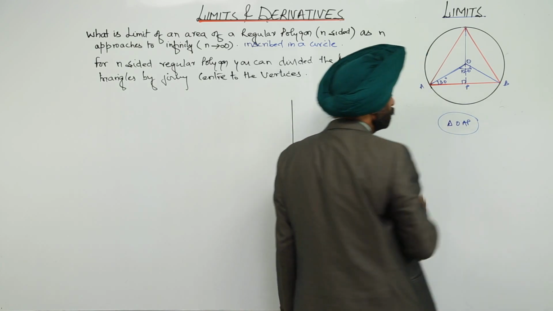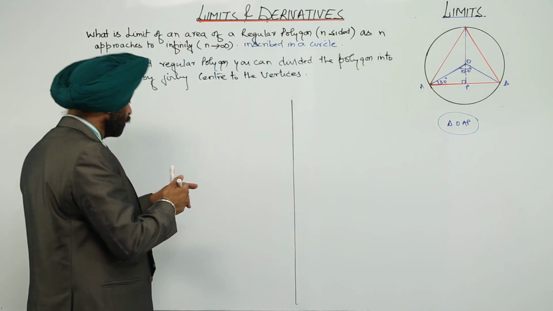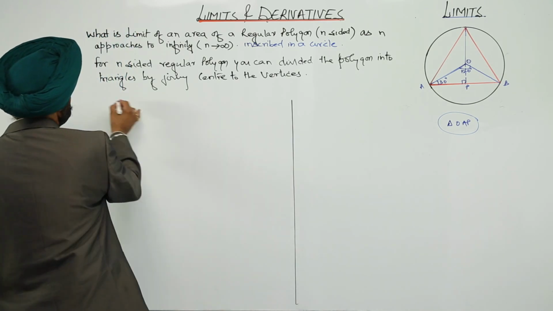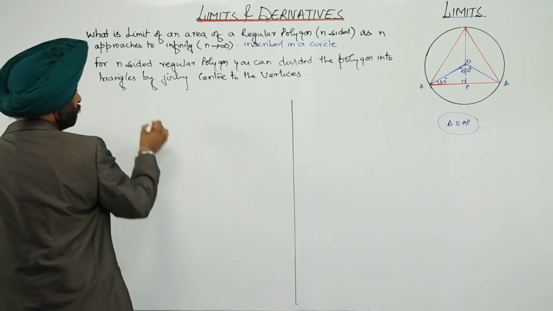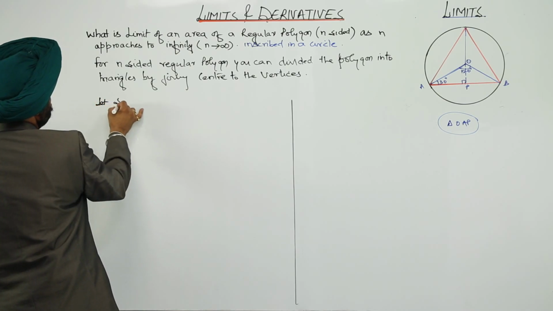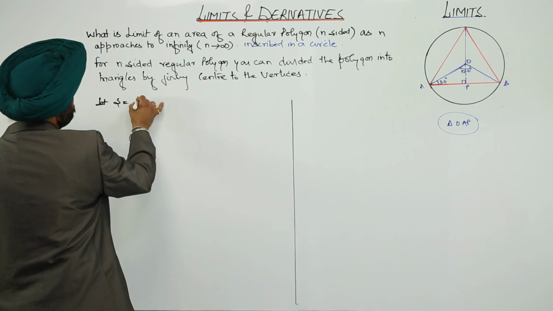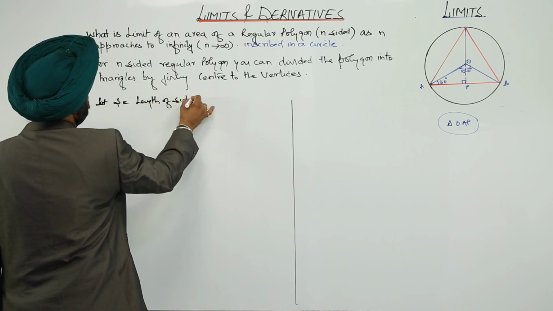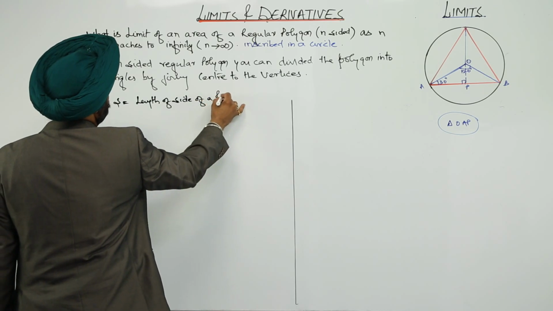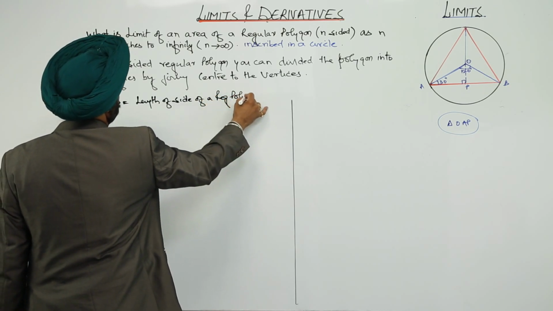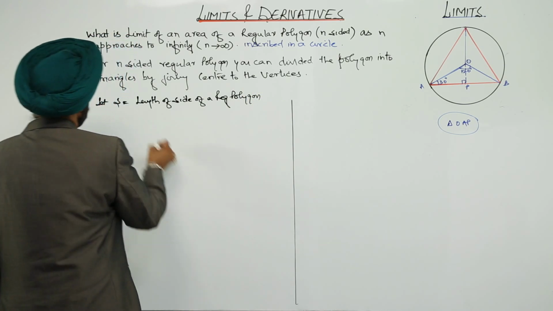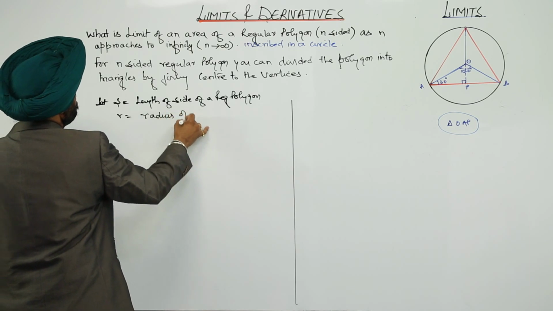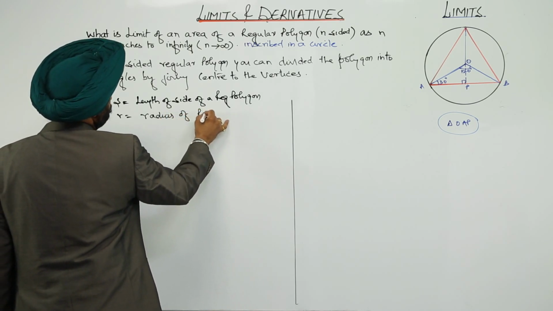Now what we are going to do in this triangle, let me write a point for it. Let S be the length of the side of a regular polygon, and R the radius of the polygon.